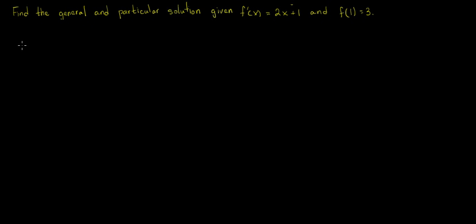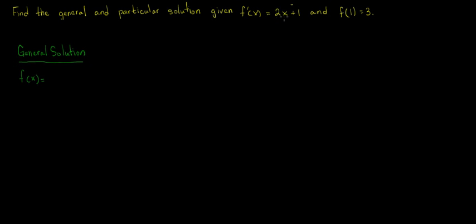So if I want to find the general solution, then what I'm going to do is find the antiderivative of this function here. So I need to think of a function whose derivative is 2x plus 1. Well, if I think about the antiderivative of 2x, so I'm going to write here f of x, not f prime, but f of x, because I'm going to anti-differentiate.